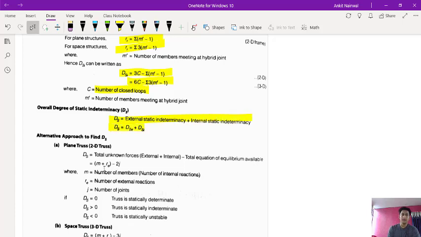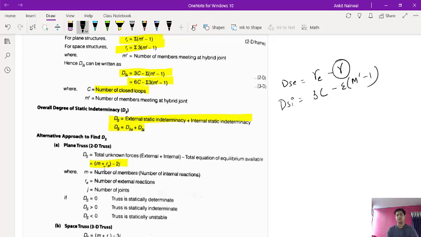Now the alternative approach is that DS is equal to the total number of unknown forces, external plus internal, minus the total equations of equilibrium. The formula will be m plus Re minus 2. We have discussed that dSE, external, is Re, the external reactions, minus the number of equations of equilibrium. And dSi is equal to 3 times c minus summation of m dash minus 1.